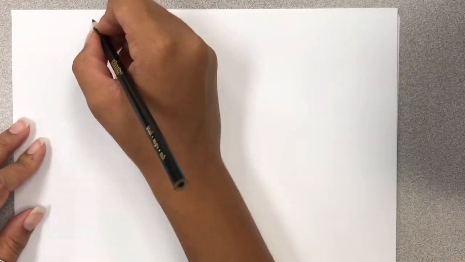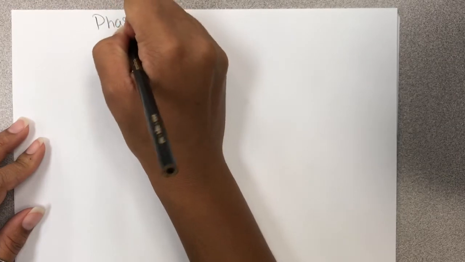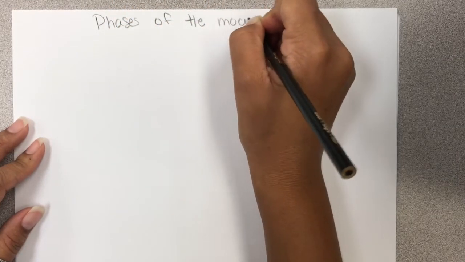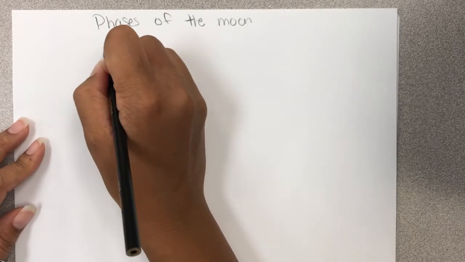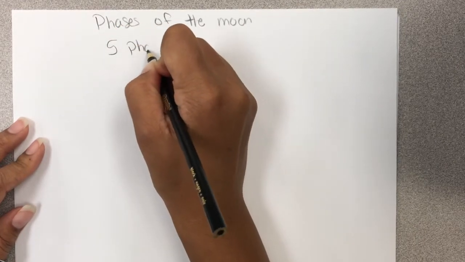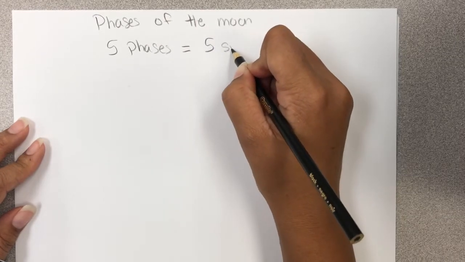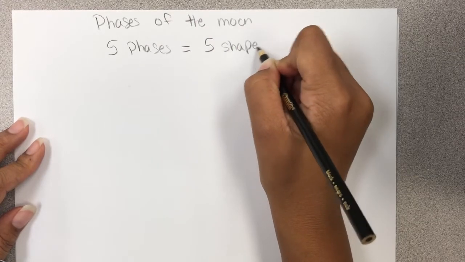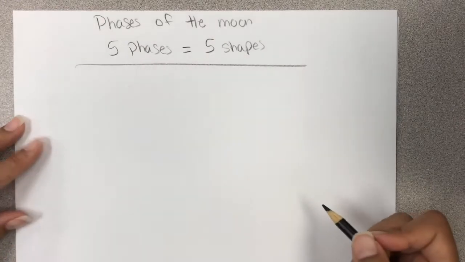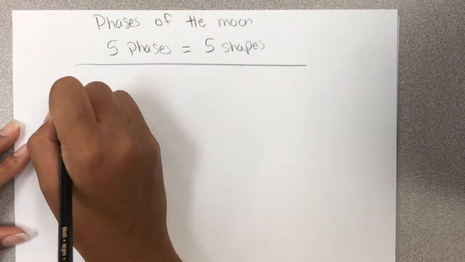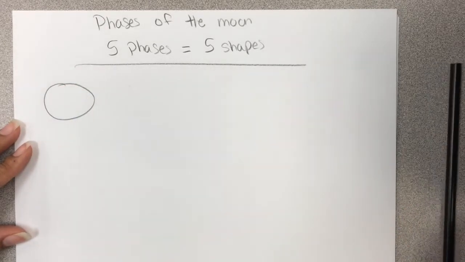Okay, so let me draw out the different phases of the moon. We have 5 phases, which means we have 5 different shapes. The first shape that we're going to talk about, and everybody probably recognizes, is a full moon.